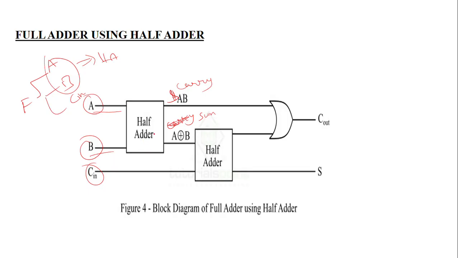The sum of the first half adder is given to the input of the second half adder. The second half adder also has two inputs, input 1 and input 2. For the first input, the output sum drawn from the first half adder is given to the half adder 2. The remaining third input is also given to the half adder. So again we get a sum and a carry here.